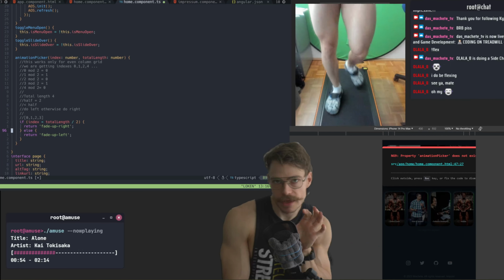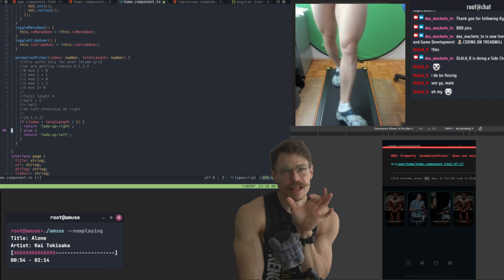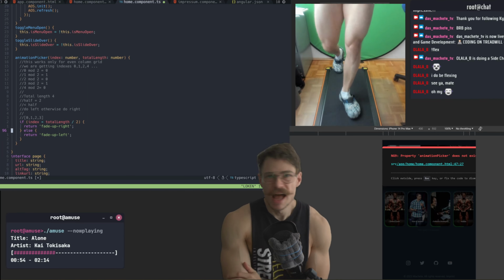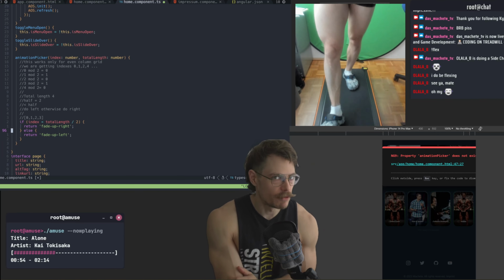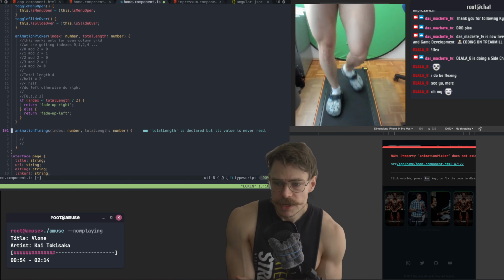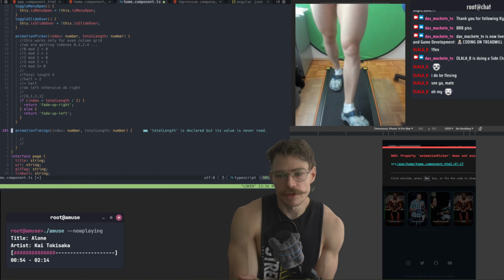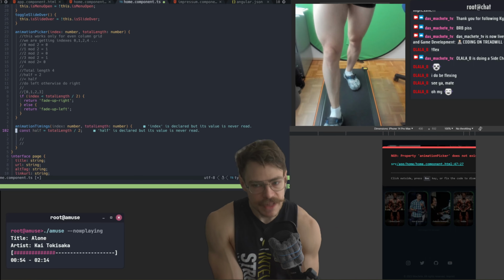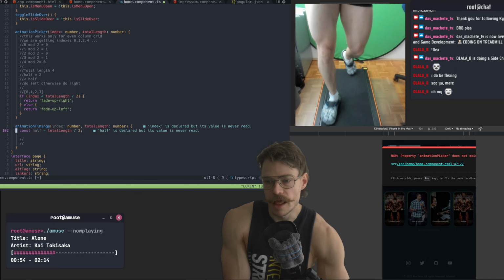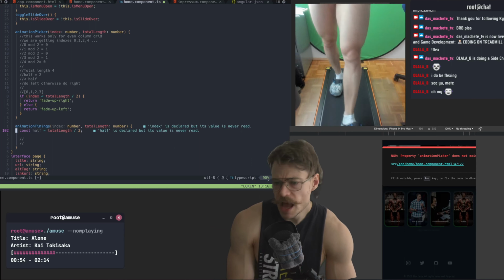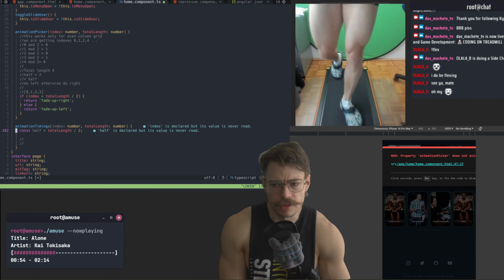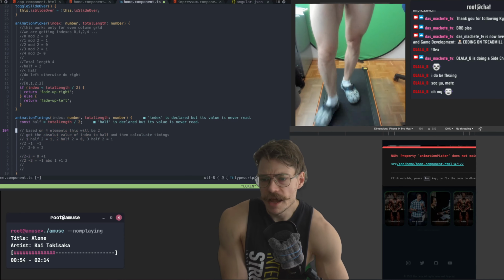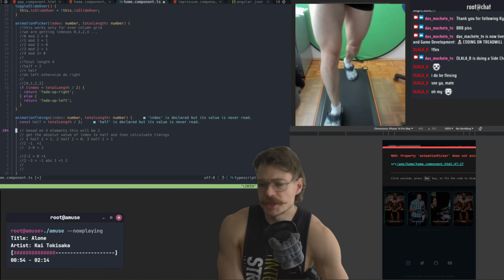I want the inner elements to be a little bit faster than the outer elements. How can we achieve that? Very, very good question, my friend. We're gonna create a function called animation timings, and it takes an index and a total length. Then we're gonna create a helper variable. It's gonna be a const, and it'll just be half equals total length divided by 2. Then I was thinking, okay, how can I achieve this?